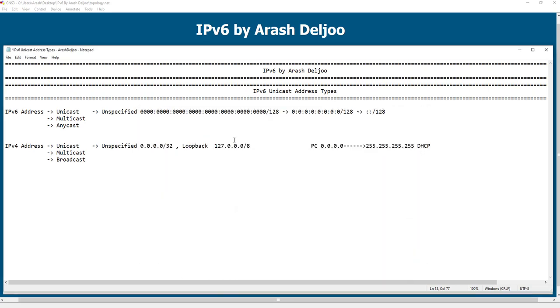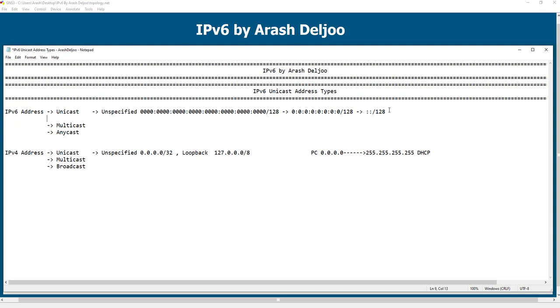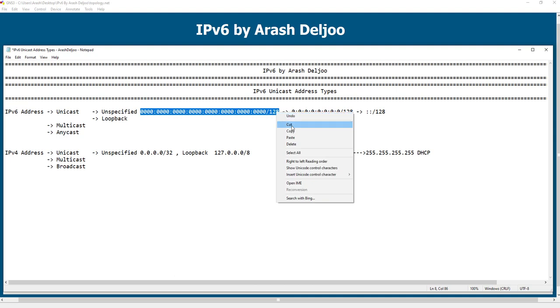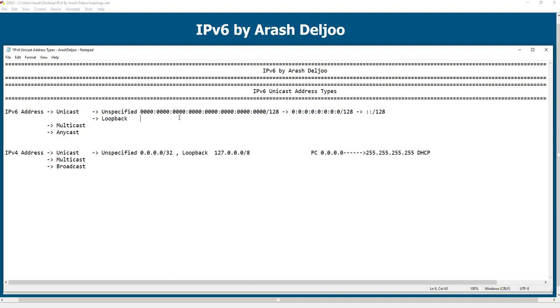Again, we have the same function in IPv6 unicast addressing, and because of that we have another unicast IP address, and that is the loopback IPv6 address. How can we test that TCP/IPv6 is installed in our system? This is the loopback IPv6 address.